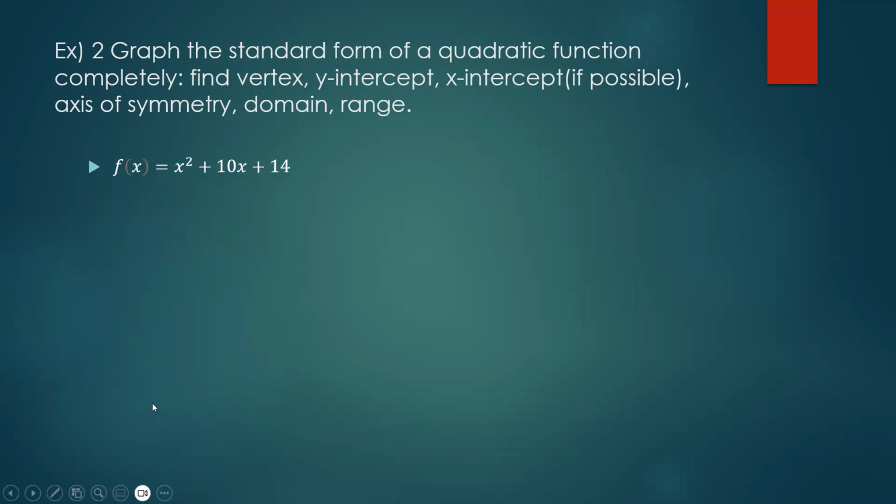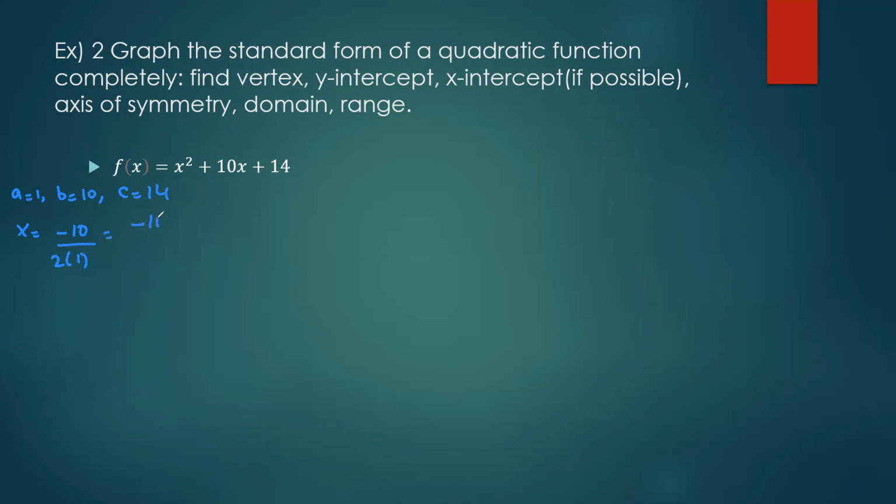Example 2 says graph the standard quadratic, find vertex, y-intercept, x-intercept if possible, axis of symmetry, domain and range. So, let's figure out our A, B, and C. My A is 1, B is 10, and C is 14. So x is opposite of B, which is -10, all over 2 times 1, because our A is 1.